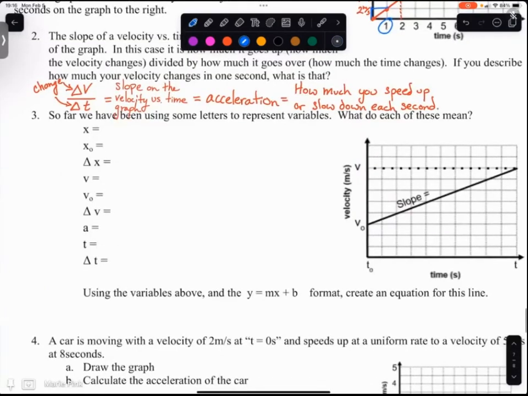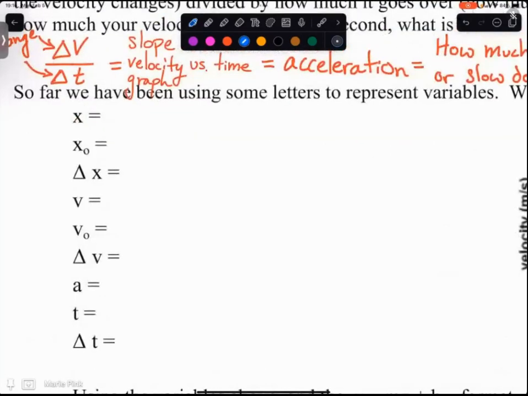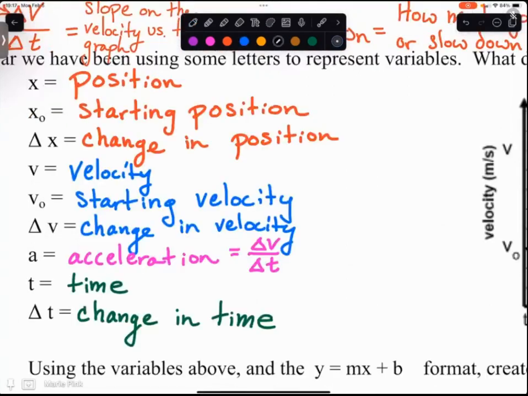And we need to also talk about what all of these variables mean. So we have x, x naught, delta x, v, v naught, delta v, a, t, and delta t. So I'm going to go through each of these. So position is x, that's where you are, and you measure that in units of meters.